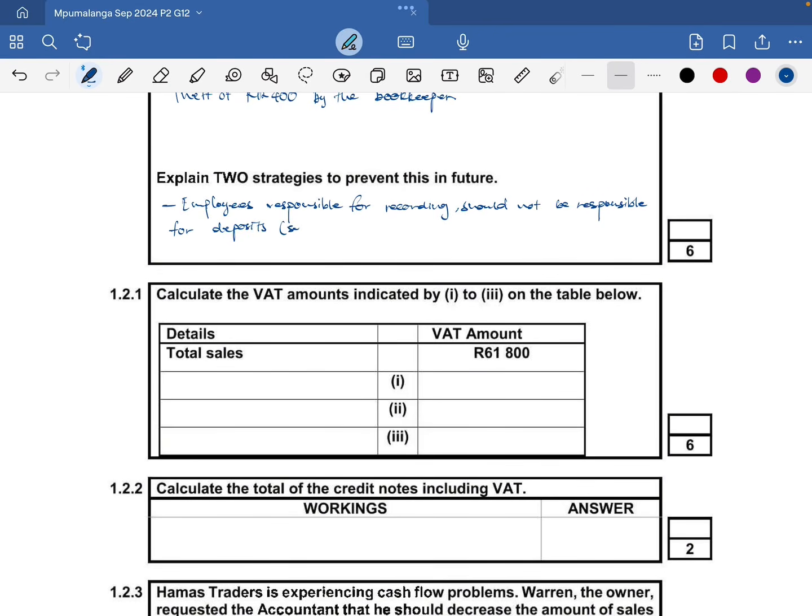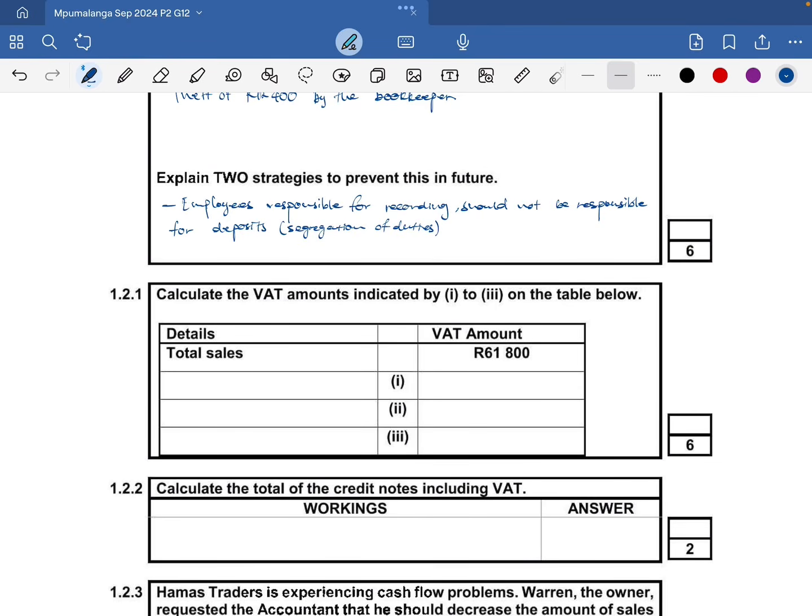So this is basically segregation of duties. So when you are responding, don't just say segregation of duties. Explain how you want those duties to be segregated, right?